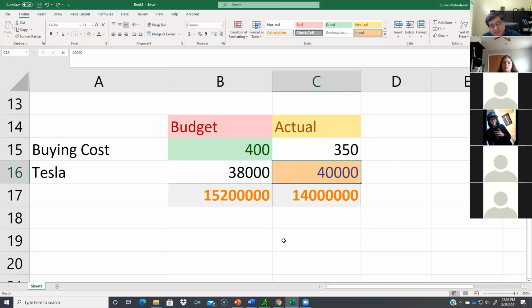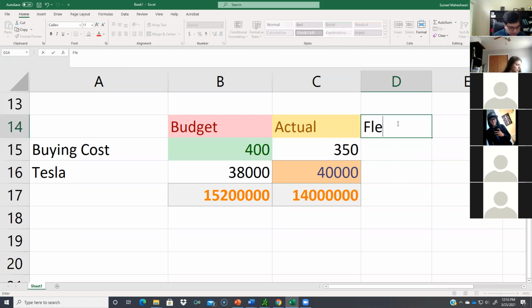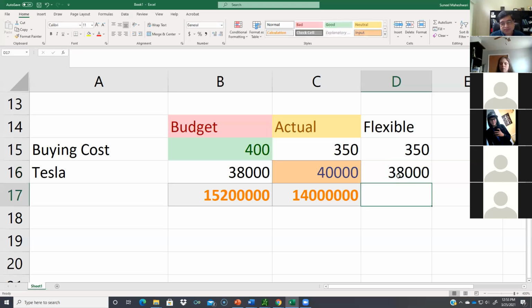So we should make another column and do 350 times 38,000 and then compare that to the actual. Yep, that is what the flexible budget is for. That makes sense now. So when you have to compare, you will need to compare 350 with 38,000.